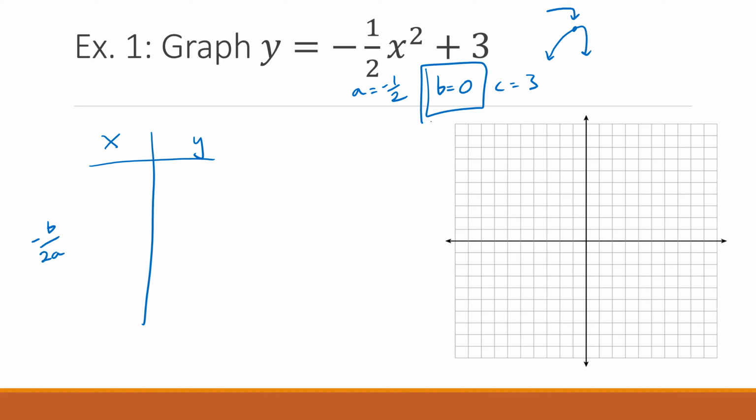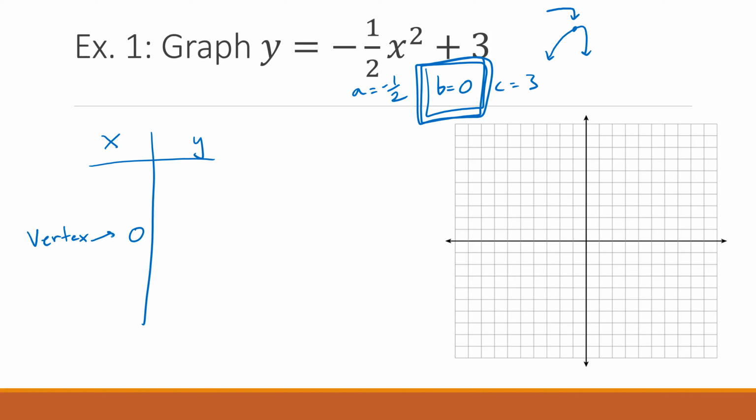In this case, since b is 0, when I do -b over 2a, that's -0 over 2 times -1/2, but 0 divided by anything is just 0. So the x-coordinate of my vertex is going to be 0, and I'll just make a little note here, vertex 0.